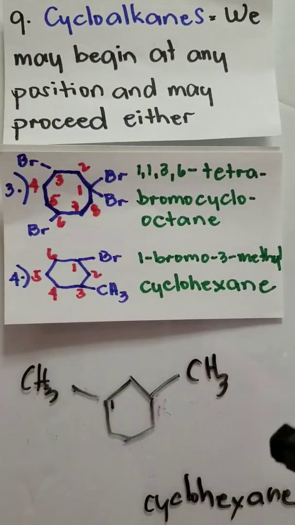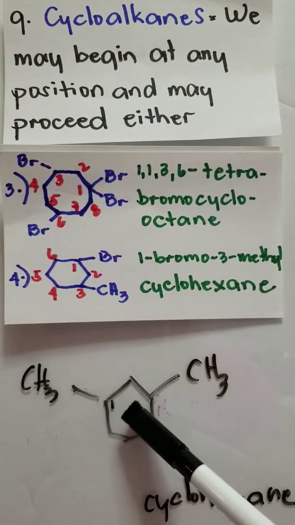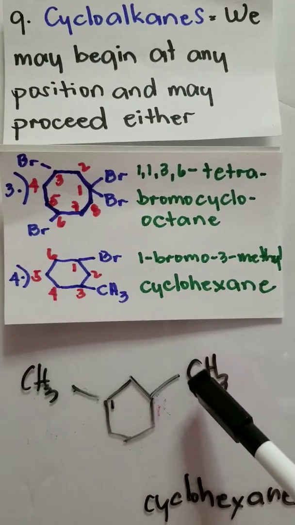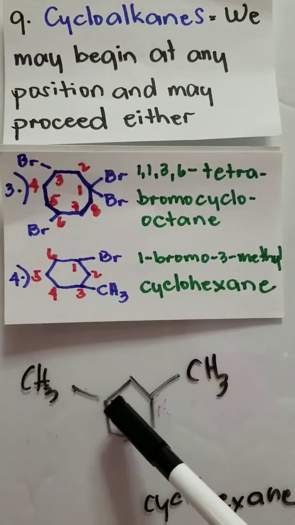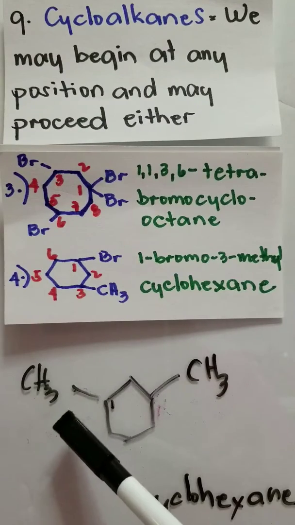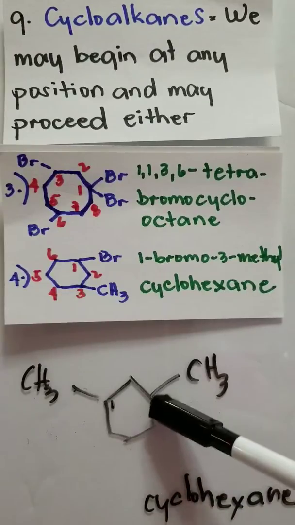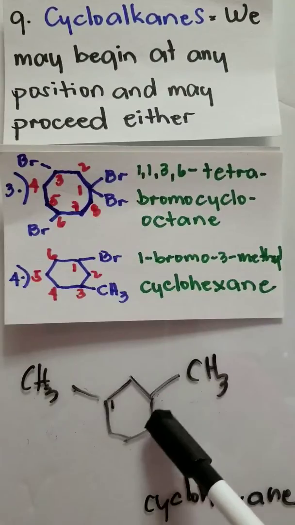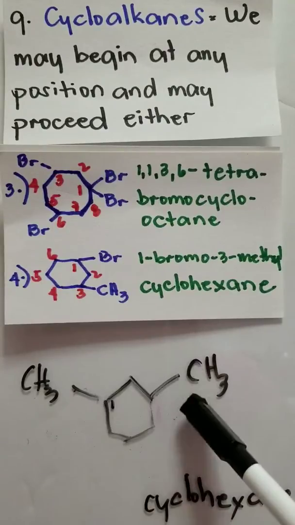The next is a tricky one. Why do I say this? Because since we have two groups attached to our parent chain, after assigning your first carbon atom, consider your second group, the next group, aside from the first group that is attached to your first carbon atom. Now, the second step that you're going to do is the tricky one. Make sure that the second group is attached to the lowest carbon atom number.